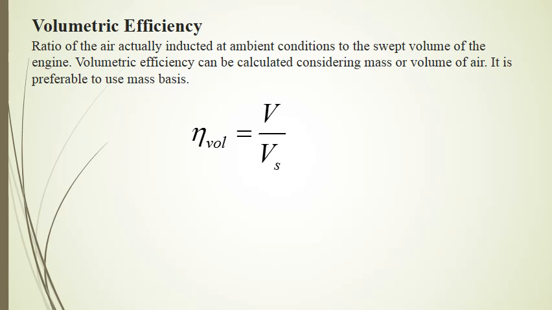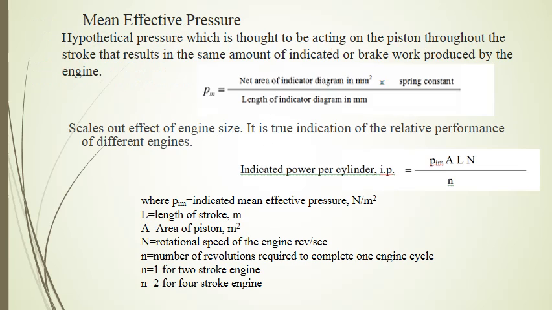The volumetric efficiency of the engine puts a limit on the amount of fuel which can be efficiently burned in an engine because the power output is proportional to the amount of air inducted. Mean effective pressure is basically a hypothetical pressure which is thought to be acting on the piston throughout the stroke that results in the same amount of indicated or brake work produced by the engine.